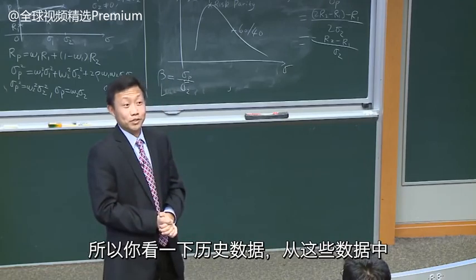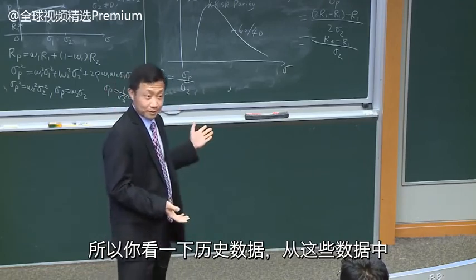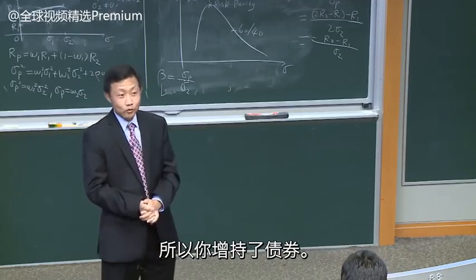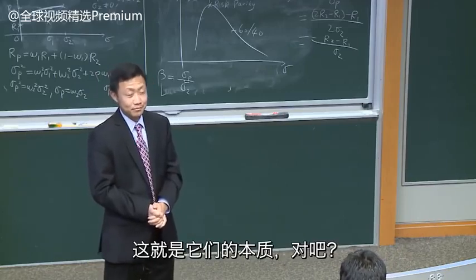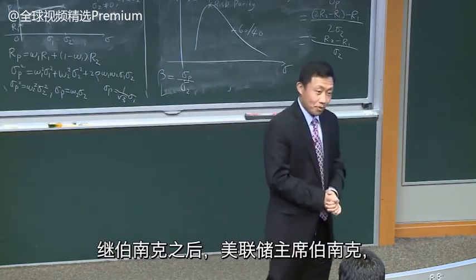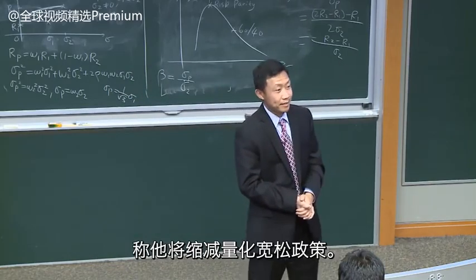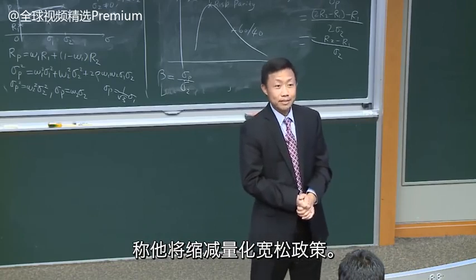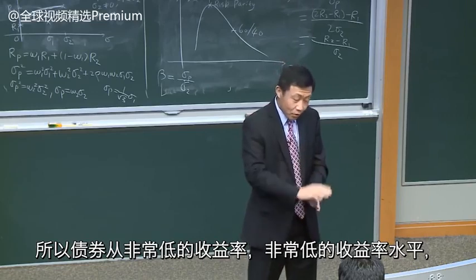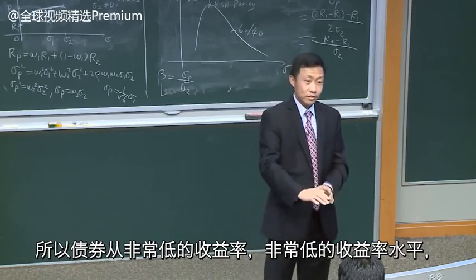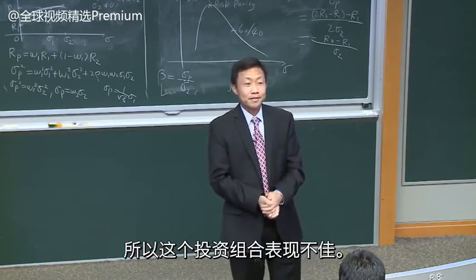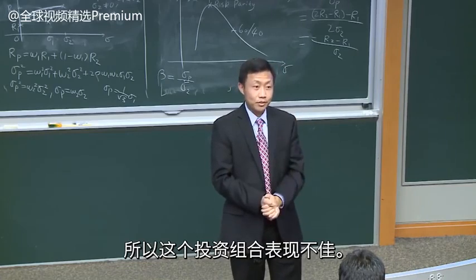So you look at historical data, and you conclude bonds have the lower volatility, so you overweight bonds. That's the essence of it. Then bonds started to sell off after Fed Chairman Bernanke said he was going to taper quantitative easing. From a very low yield level, the yield went much higher, interest rates went higher, and bonds got sold off. So this portfolio did poorly.